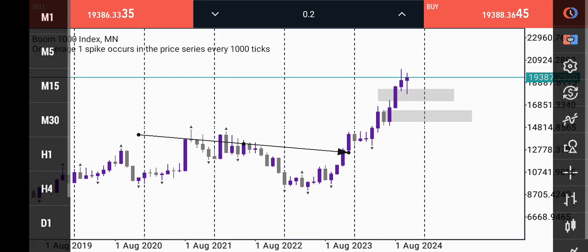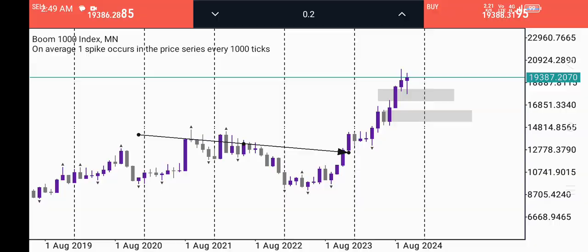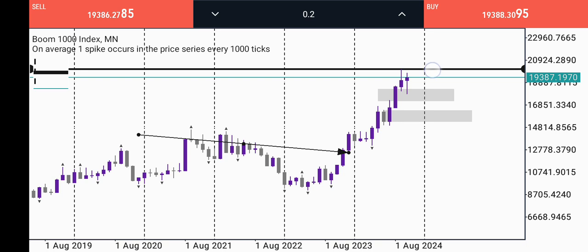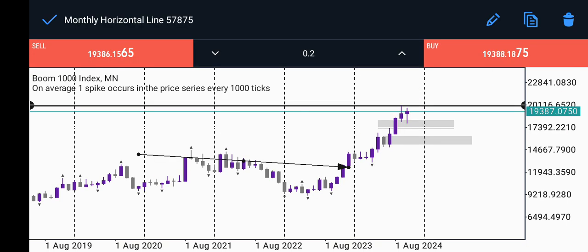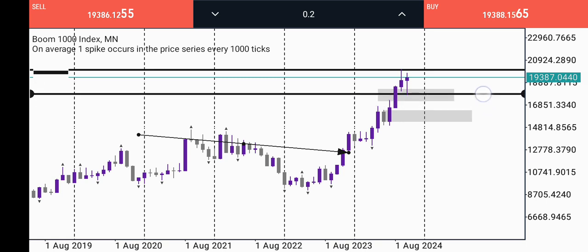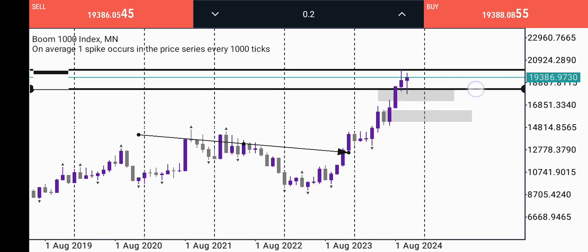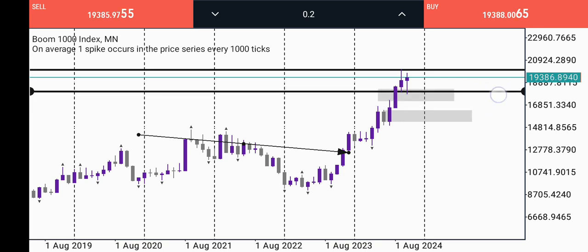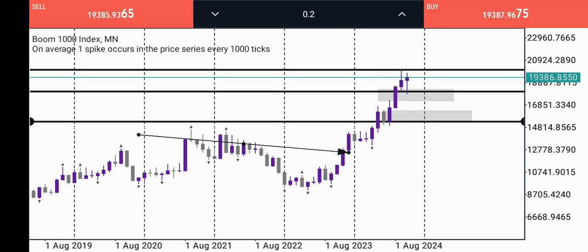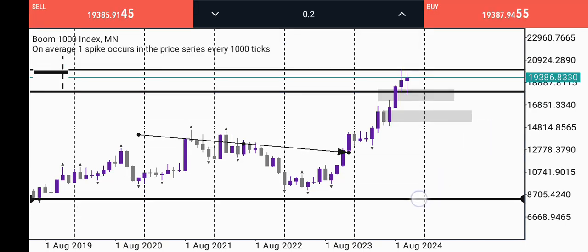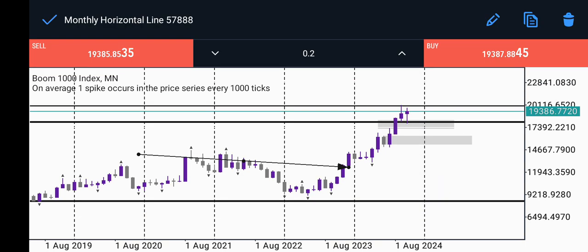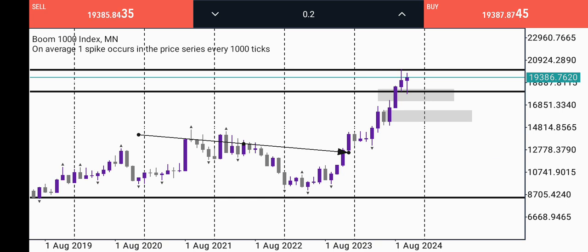Until price takes out a clear high, that's when you know that the higher time frame bullish bias has been disrespected. So now I know that the bias is that price is still getting to the monthly high, the previous monthly high.